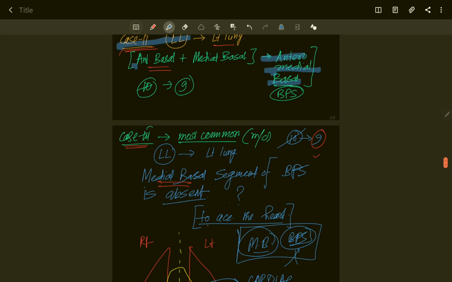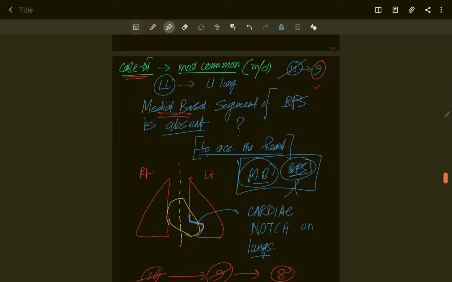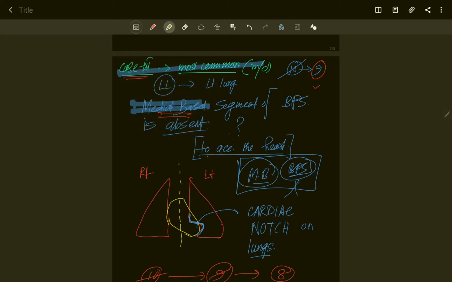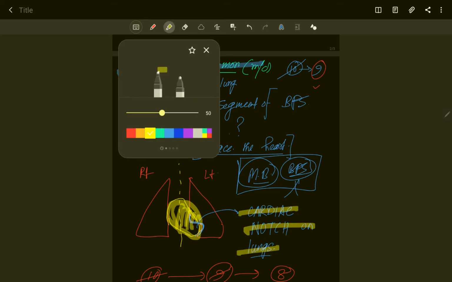And the last, I already told you, another most common case is the absence of the medial basal segment. And why is this absent? To give the space for the heart, to accommodate our heart. Your left-sided lung, this medial basal segment, is absent.